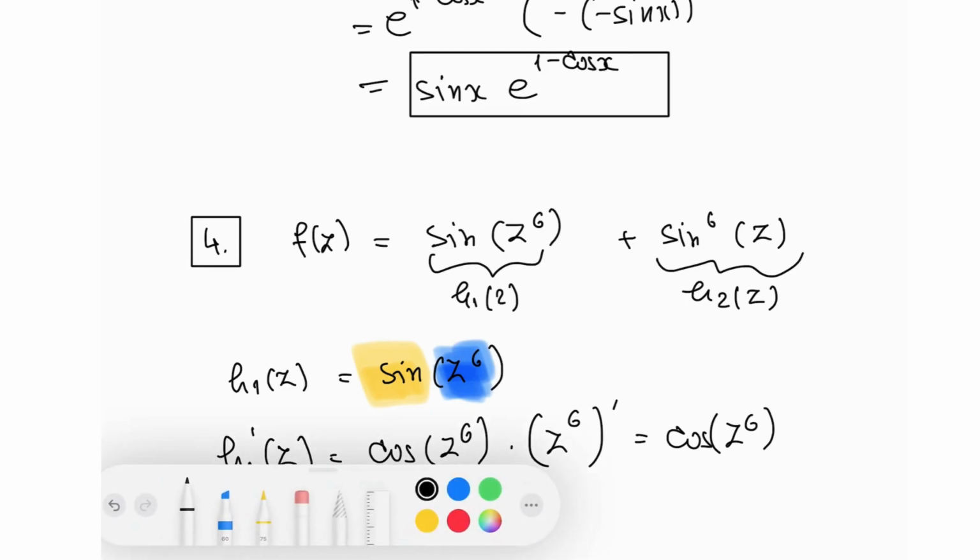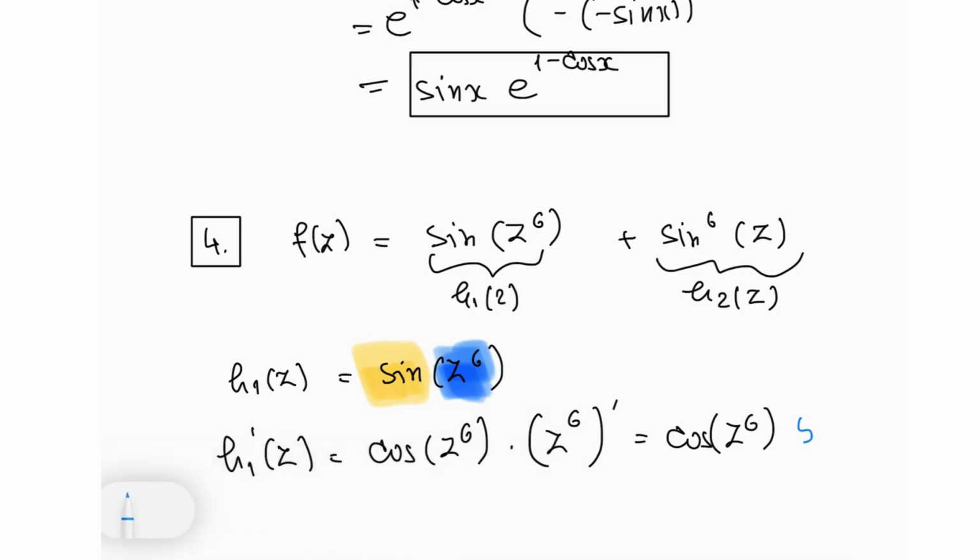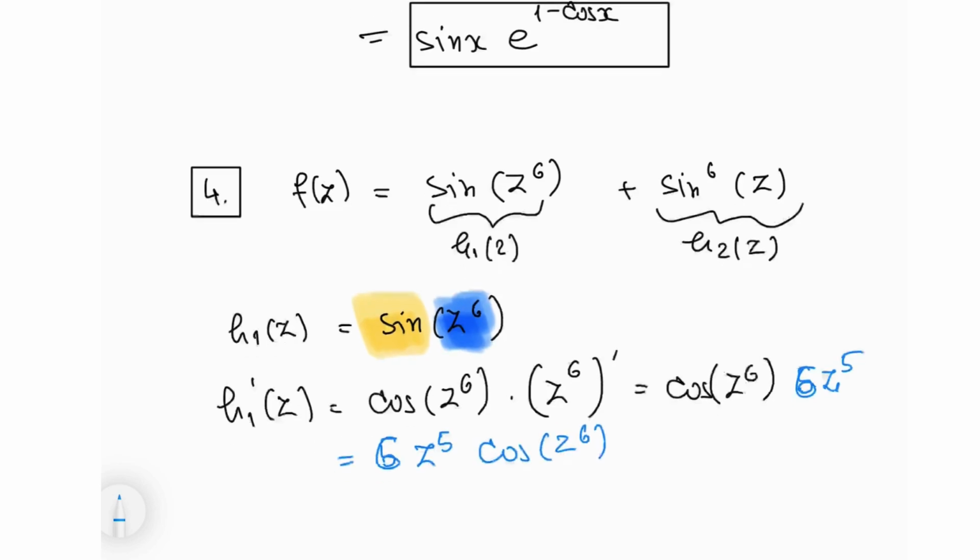Okay, times 6z to the power 5. So that is 6z to the power 5 cosine z to the power 6.